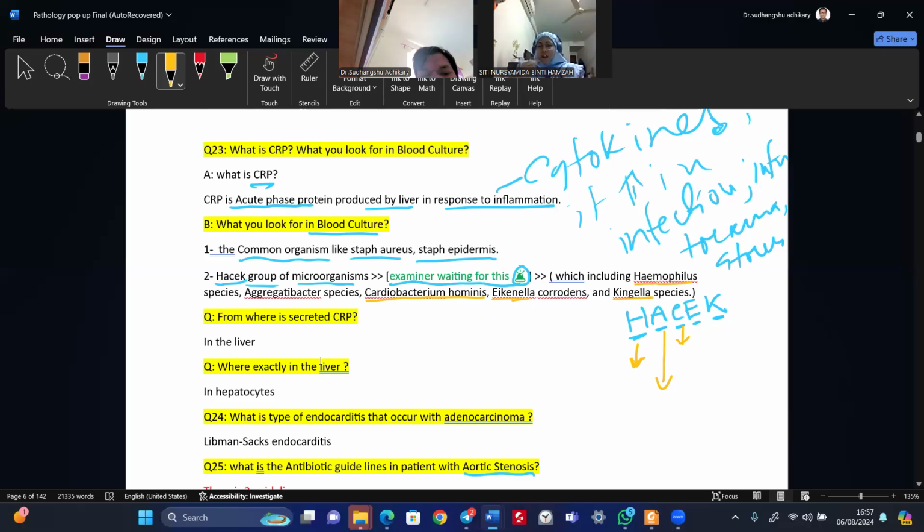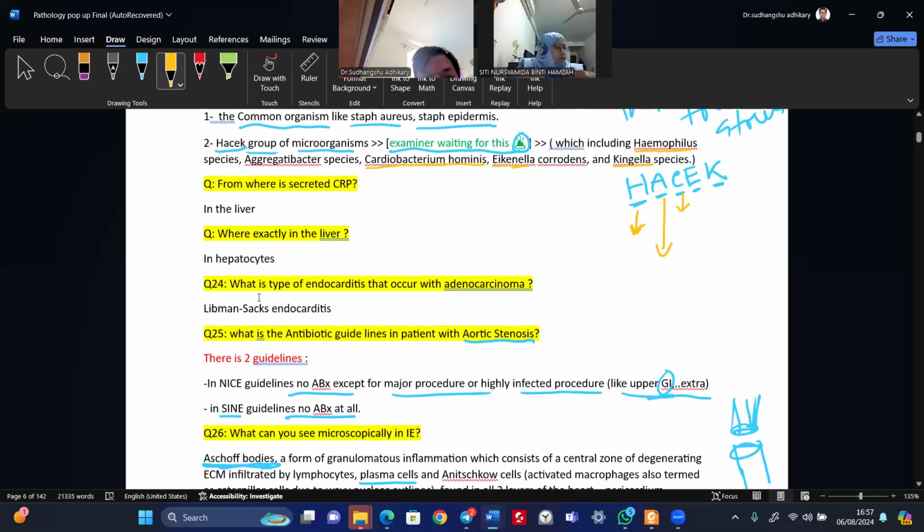So, where is CRP secreted from? Liver hepatocyte. What is the type of endocarditis that occurs in adenocarcinoma?